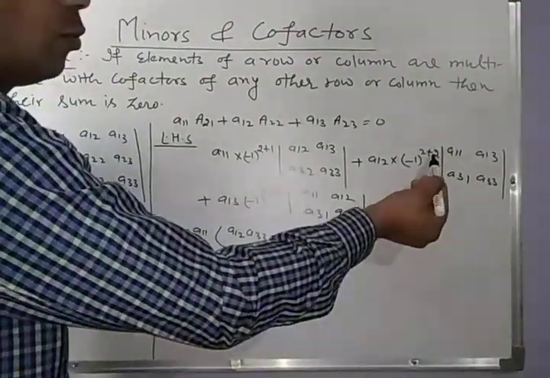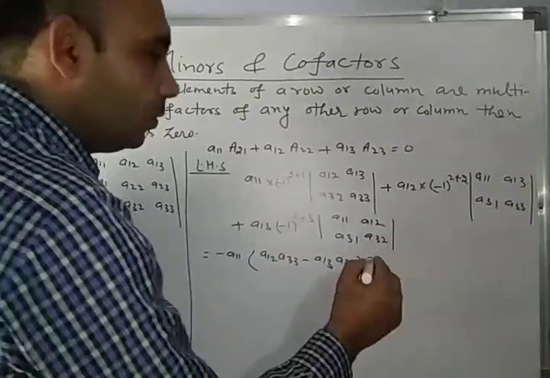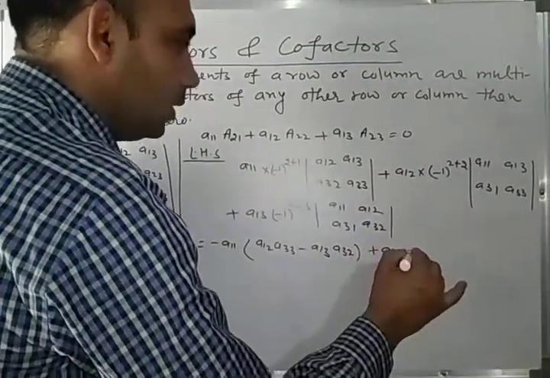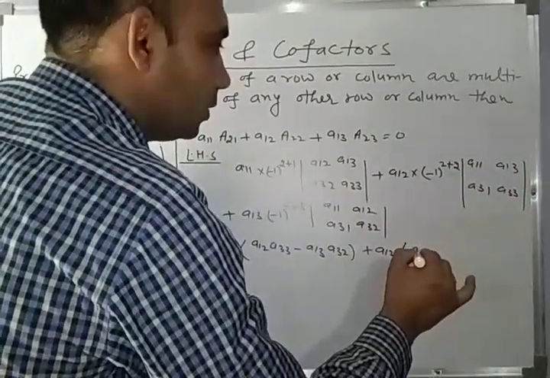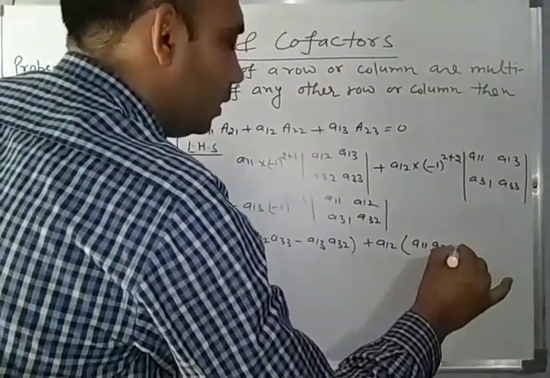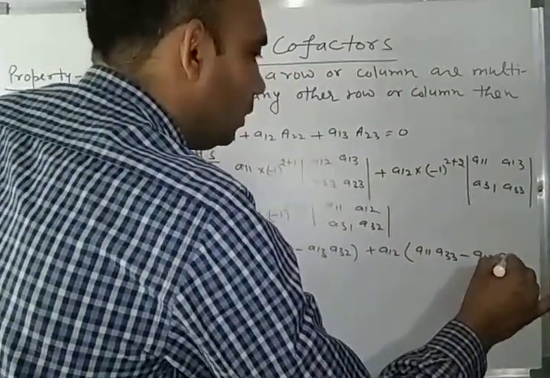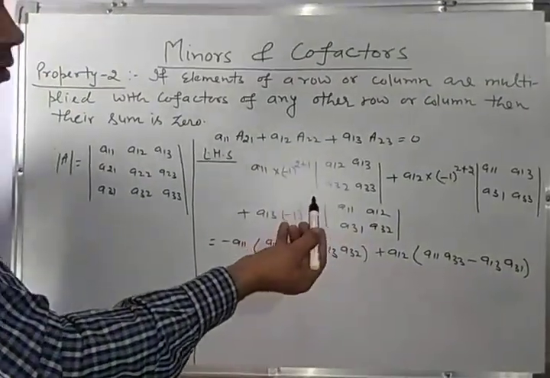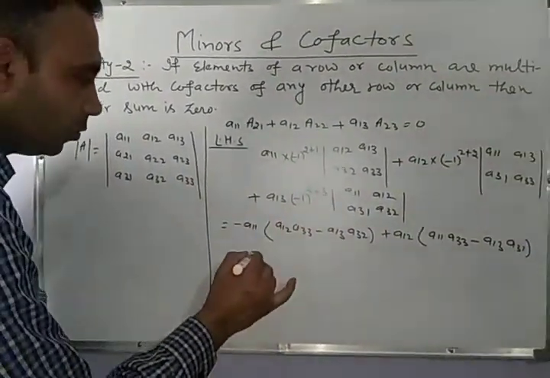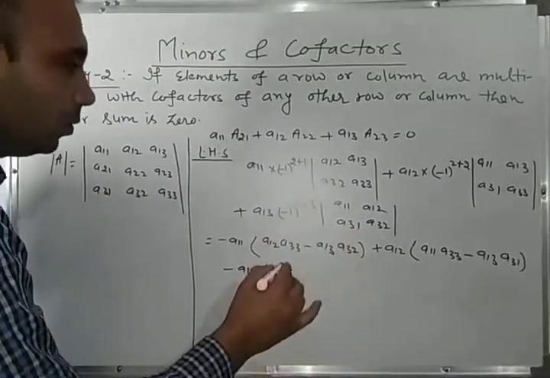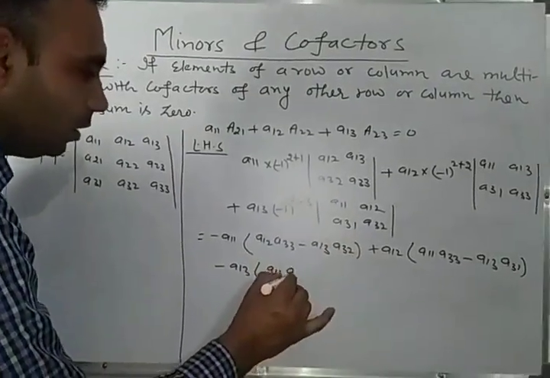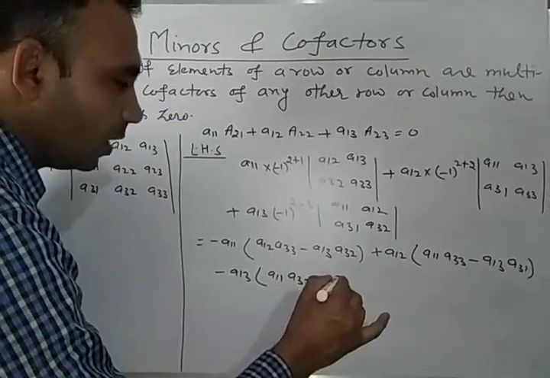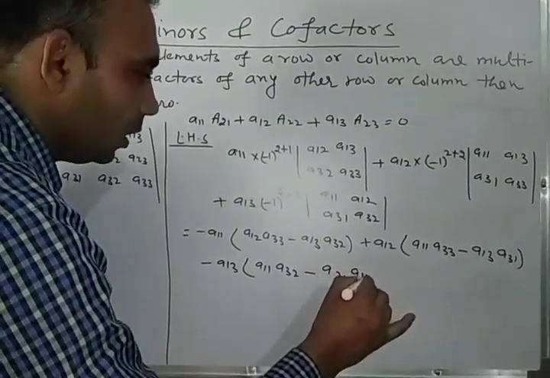Minus 1 to the power 4 is plus, so plus A12 times A11 A33 minus A13 A31. Minus 1 to the power 5 is minus, so minus A13 times A11 A32 minus A31 A12.